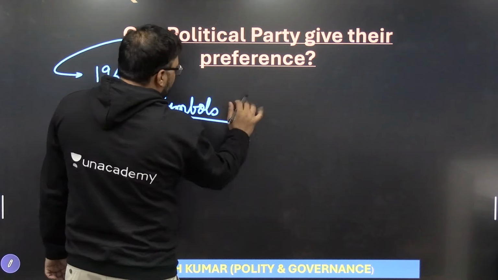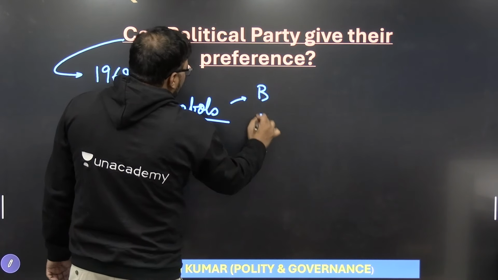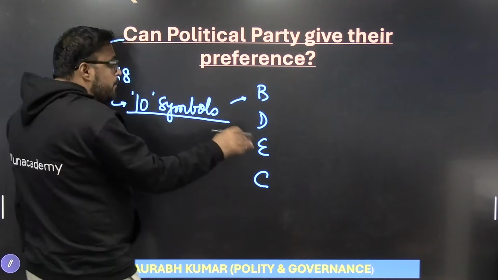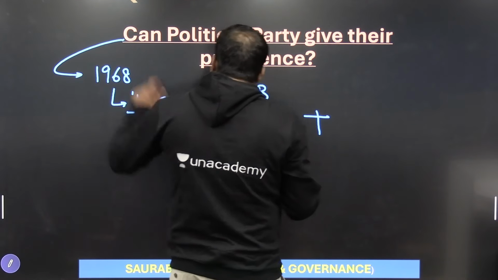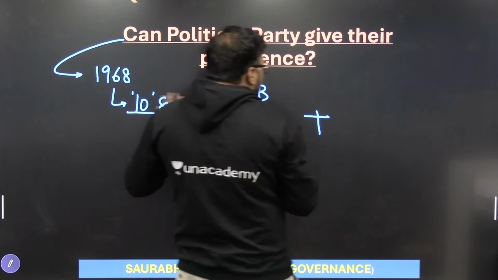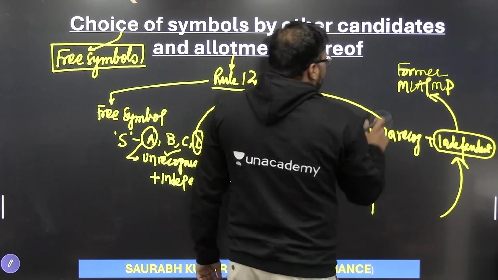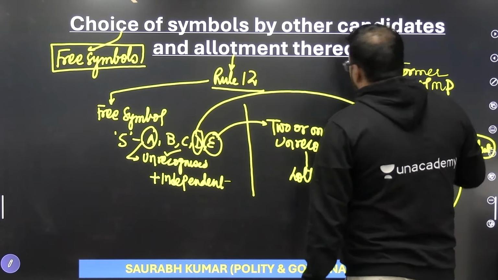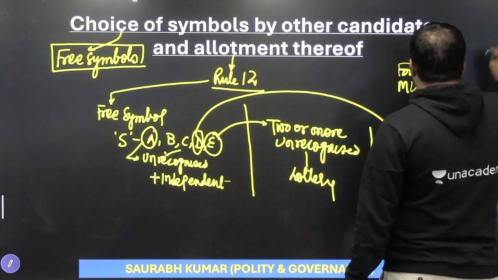So out of 10 symbols, you can give the order, that is B, D, C, E, or B, D, E, C, like this. Along with this, if you don't like any of the symbols out of the 10 symbols, then you can add your 3 symbols.